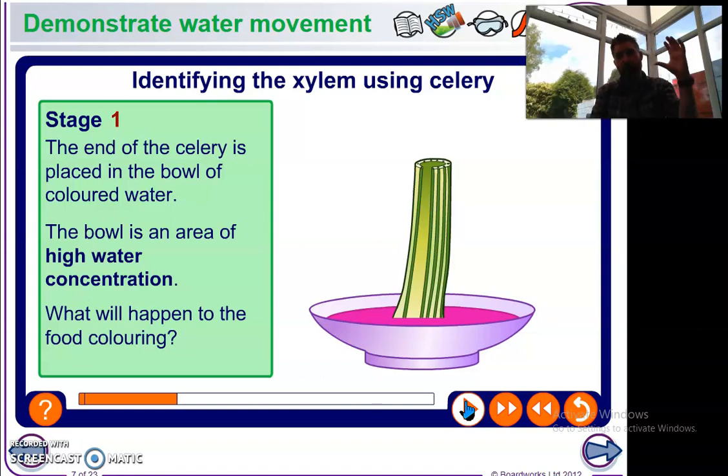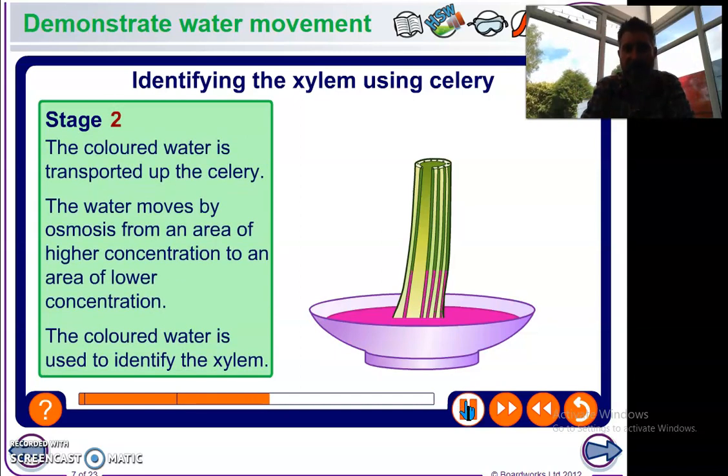And if you've got high water concentration to low water concentration, you've got movement called osmosis. And what will happen is you'll see osmosis driving the food colouring up. You can see the xylem being highlighted by the food colouring.